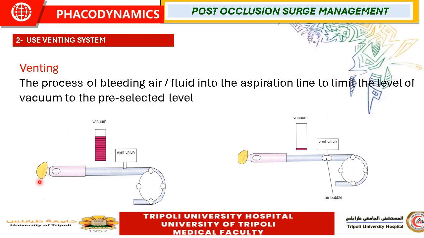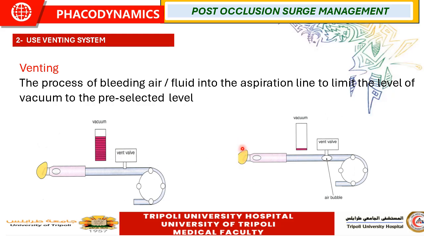Now, when there is an occlusion of the phaco tip, the vacuum will build up in the system and reach the preset value. The system is programmed so that prior to the preset value, the venting valve opens, and this valve injects air or fluid to neutralize this pressure, so the vacuum drops down. The reason is that we don't want a high vacuum here.